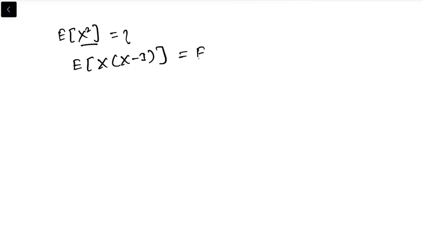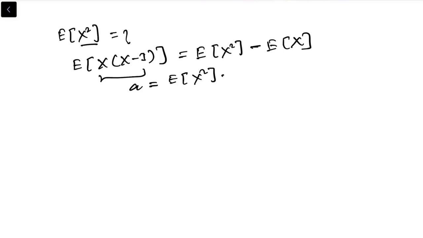This is nothing but expectation of x square minus expectation of x. So suppose you find the value of this term, say a, then expectation of x square minus, we know this value, this is lambda, so the expectation of x square is lambda plus a, right? So let's find out the value of this thing.